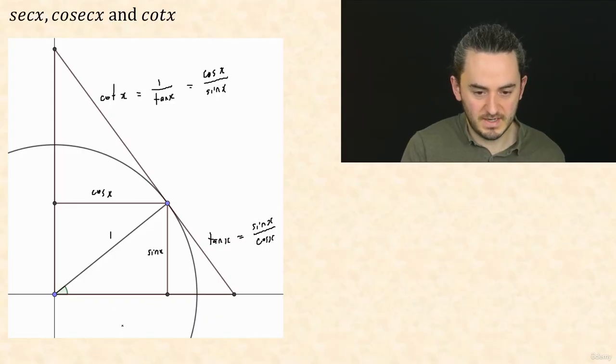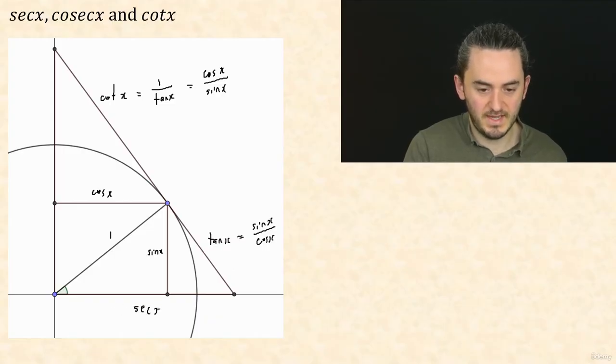Then we've got this length down the bottom here, which is sec x, which is 1 over cos x, and that's the secant, and over here we've got the cosecant, so cosec x is the whole length here, and that is 1 over sine x.